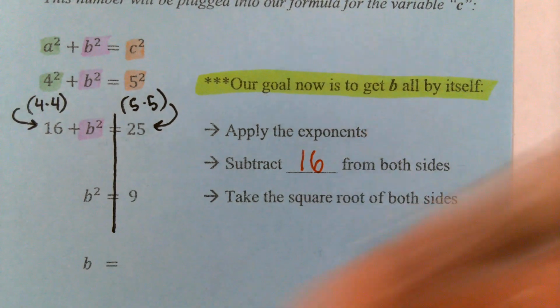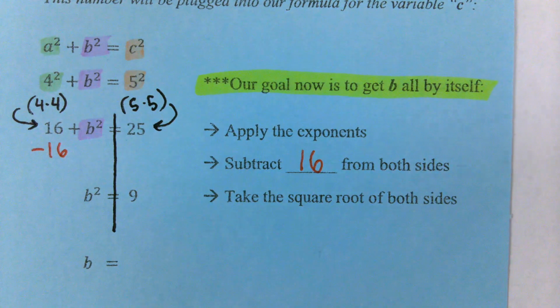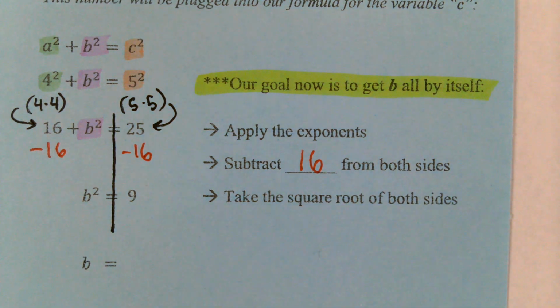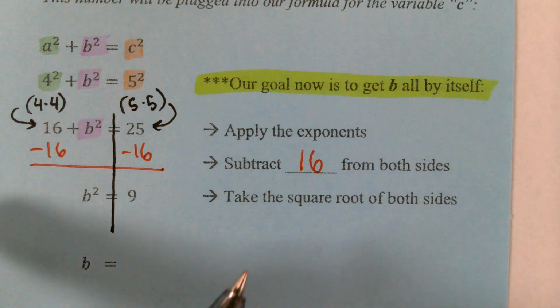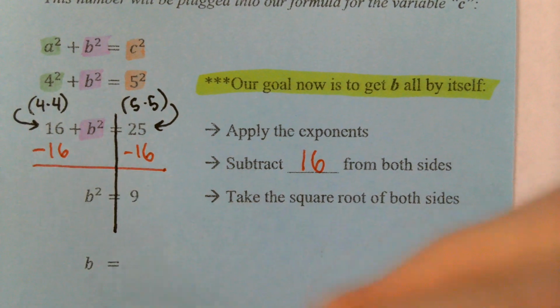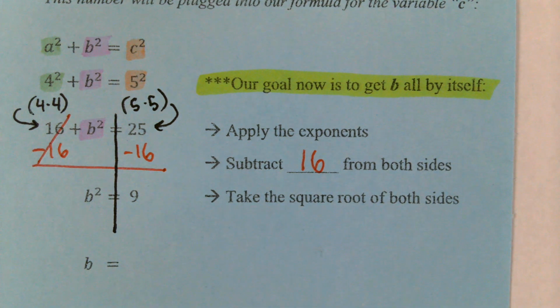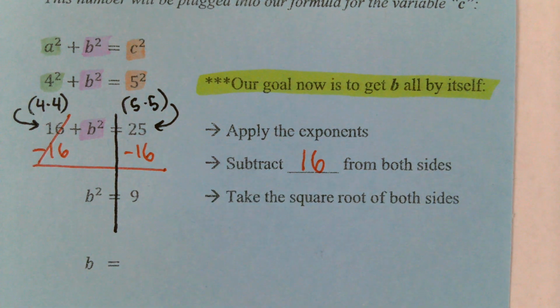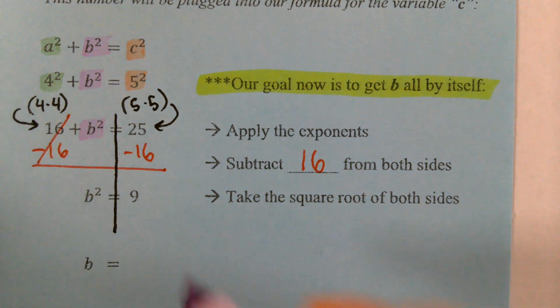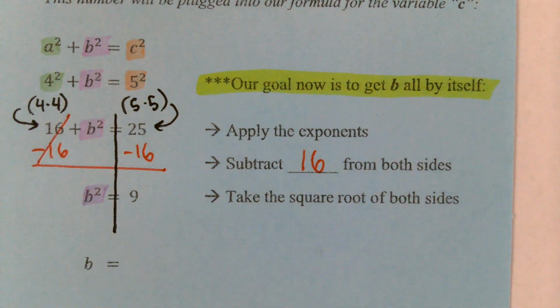We're going to subtract 16 from the left, and we're going to subtract 16 from the right. When we do that, 16 minus 16 cancels out. And 25 minus 16 gives us 9. So now all we're left with on the left is B squared. All we're left with on the right is 9.